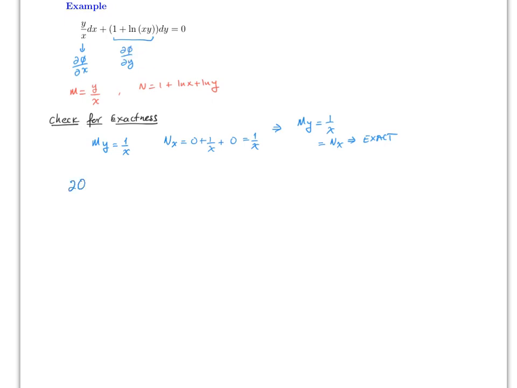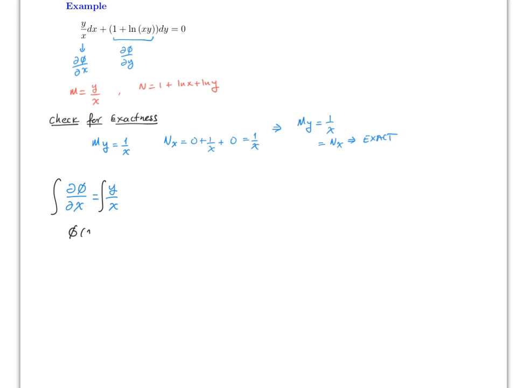So we have d phi dx equal to y over x. Now remember, we're integrating with respect to x. So if we integrate with respect to x, we get the following.